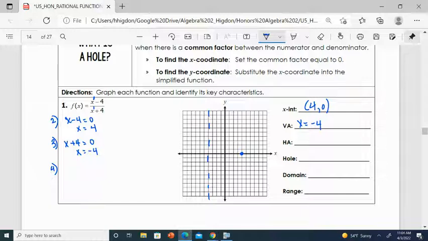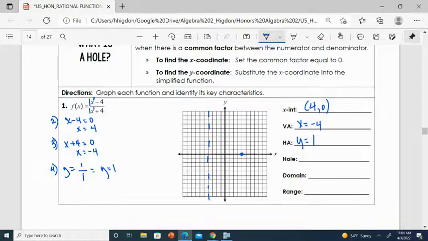When the degree of the numerator is equal to the degree of the denominator, our horizontal asymptote is at y equals the leading coefficient at the top, which is 1, over the leading coefficient at the bottom, which is also 1. So we get y equals 1 for our horizontal asymptote. So y equals 1 is here, and a horizontal line going through that is where we can find our horizontal asymptote.